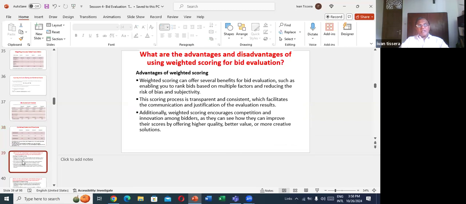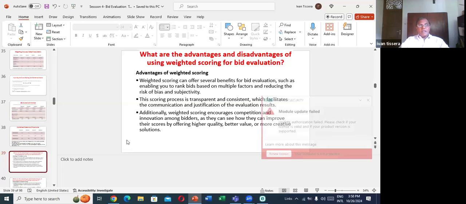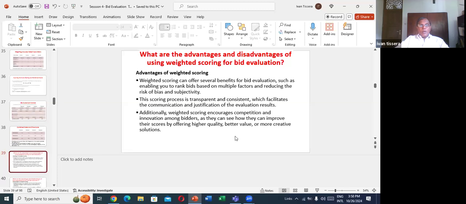But there are some advantages and disadvantages they have also identified. Number one, weighted scoring can offer several benefits for bid evaluation, such as enabling you to rank bids based on multiple factors and reducing the risk of bias and subjectivity, because we have considered many factors.